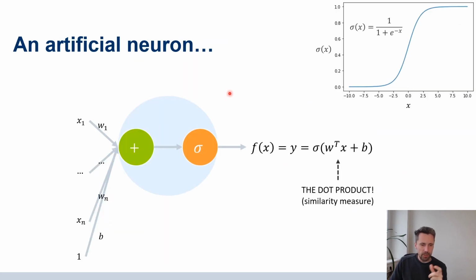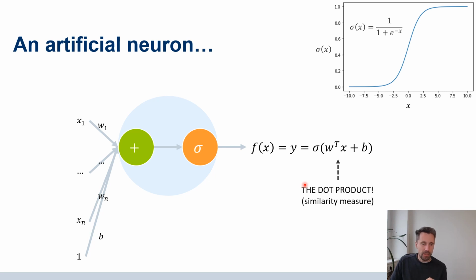Now, let's go back and try to remember what those neurons do and what they represent. An artificial neuron collects all the weighted inputs, sums these up, and pushes them through a nonlinearity like the sigmoid function. Looking at this, W transpose X, the dot product of the weights with the inputs, is something we should be familiar with.